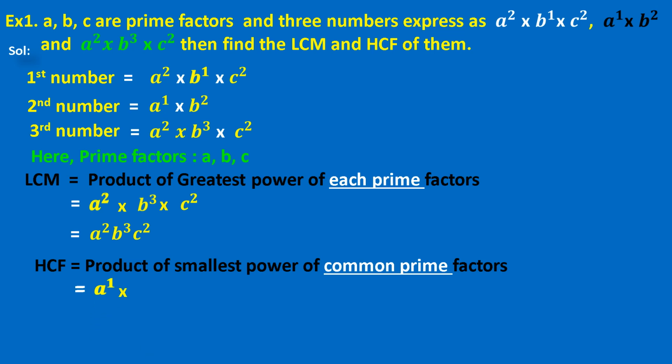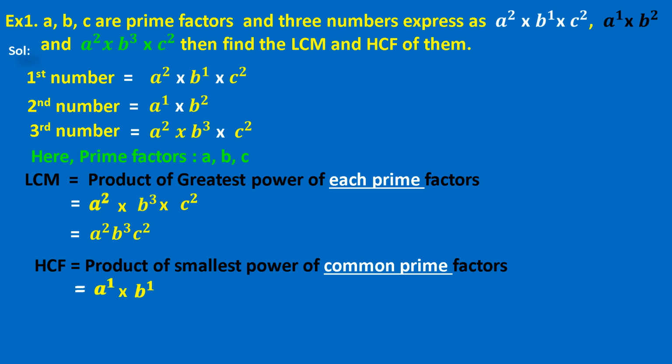Next we go to second factor b. So in first number b to the power of 1, in second number b square, in third number b cube. B is the common factor for three numbers. That's why smallest power is 1. That's why we take b to the power of 1. Next we go to factor c.